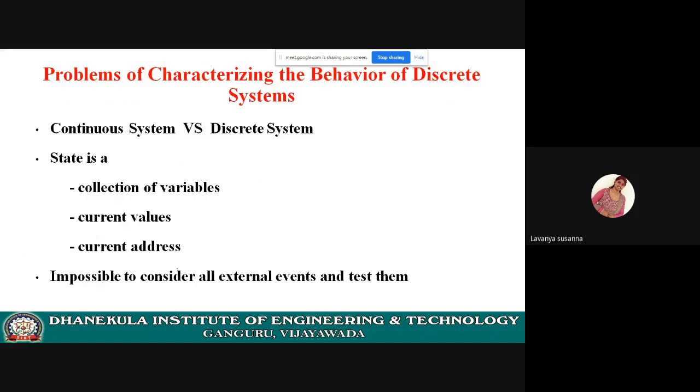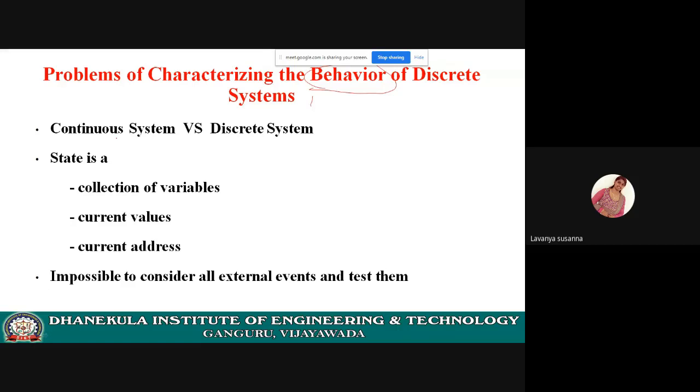Next, the element where the complexity arises is the behavior of a discrete system. What is a discrete system?